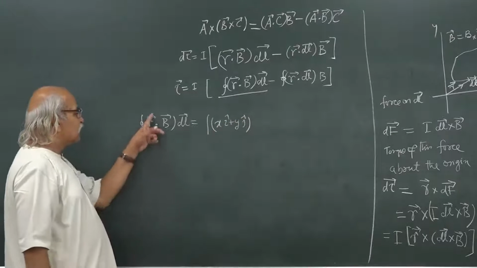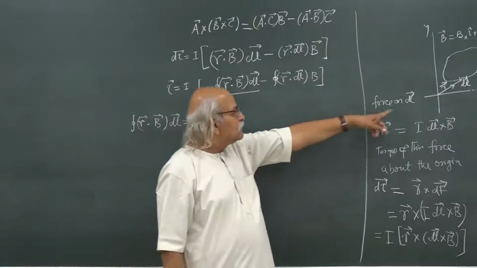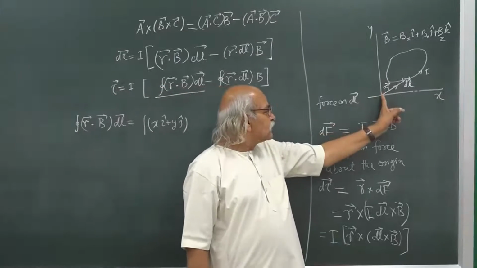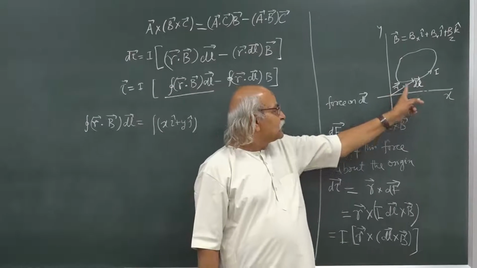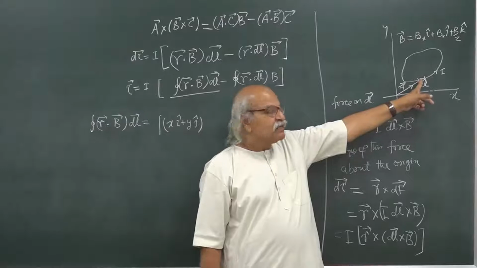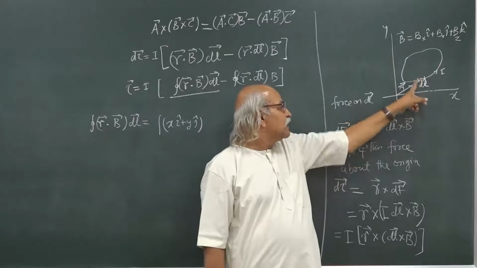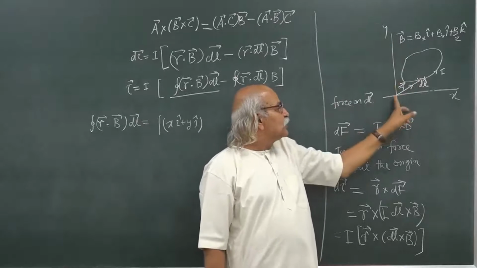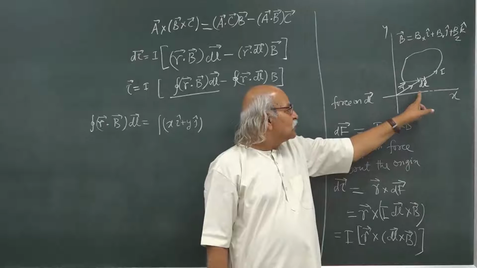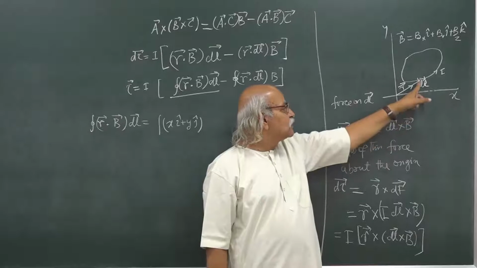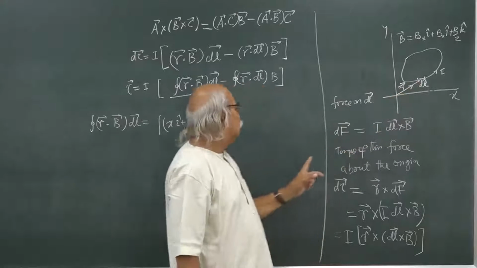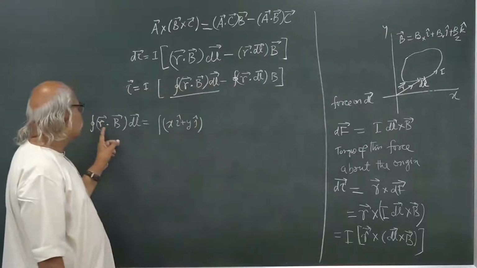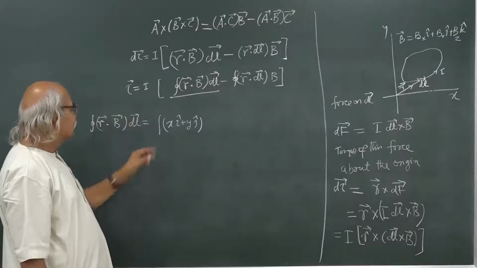What is this r vector? Remember, come here on this figure. Here is the origin. This is the point where we are, and this is r vector, and this is in xy plane. So you can write it as x coordinate I cap plus y coordinate j cap. So it is this r dot b. r dot is this.